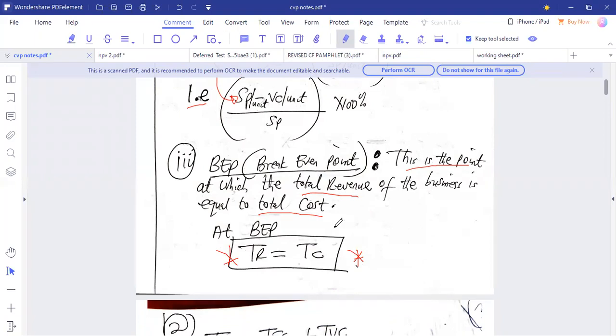For every business, we need to make profit. So it is meaningless that our revenue and our costs are the same. It is insignificant. But of course, it is an eye opener to see that we can improve a little bit so that we start making profit, because we know that the revenue and the costs are the same.